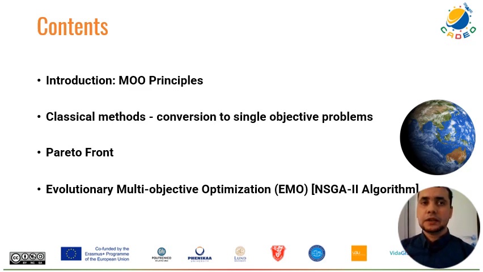Moreover, we'll delve into evolutionary multi-objective optimization with a focus on a specific technique, NSGA-II, the non-dominated sorting genetic algorithm 2, which harnesses the power of evolutionary computation to navigate the complex landscape of multi-objective optimization problems. So let's do it step by step.